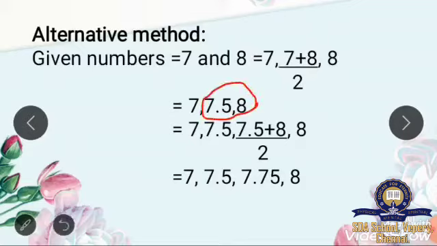So we get 7, 7.5, (7.5 plus 8) divided by 2, 8. So we get 7, 7.5, 7.75, 8. In this case also we find two rational numbers in between 7 and 8. Okay, so you can go for any method which you think is easy.